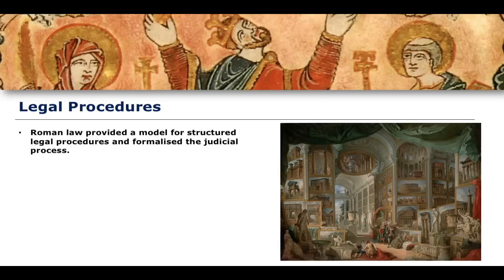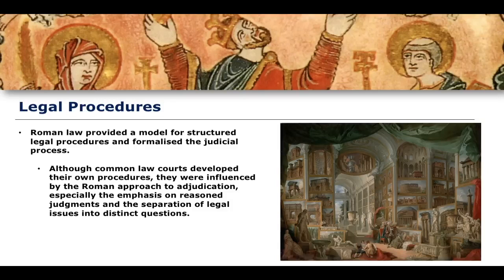Well, the Roman law provided, as we know, a model for structured legal procedures and formalized judicial processes. Although the common law courts developed their own procedures and have their own influences from a variety of different places, this still nevertheless includes the Roman law.